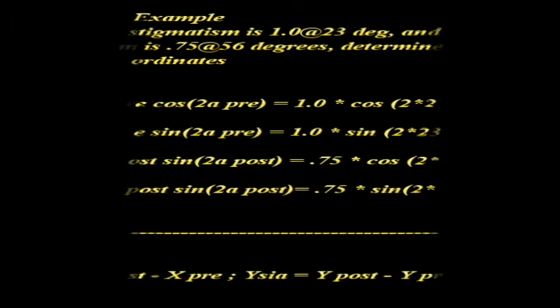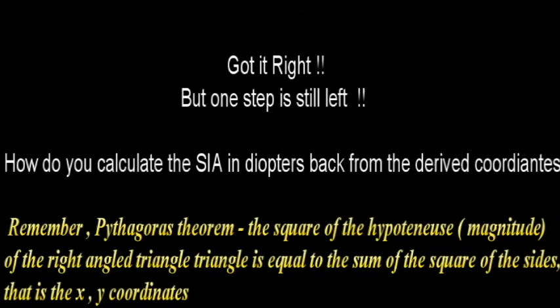So you get the SIA, but only in terms of coordinates, which means nothing to us in the refractive world. So to get it back in terms of refractive data, you have to apply the Pythagoras theorem, which says that the square of the hypotenuse or the magnitude of the right angle triangle is equal to the sum of the squares of the sides, that is the x and y coordinates.